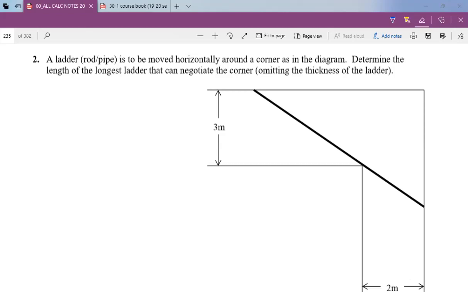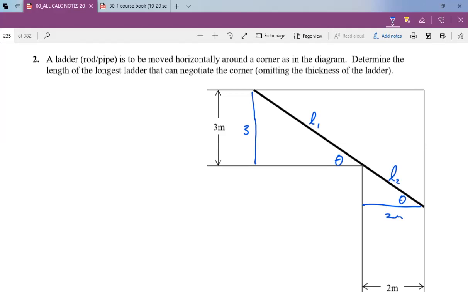So we are trying to maximize this. Now notice that if I move that indication of 3 meters, if I draw it here and call this 3, and this 2 meters down here, then we've got two similar triangles. This angle here, theta, will be the same as this angle here, theta. We are going to call this L1, and this L2.